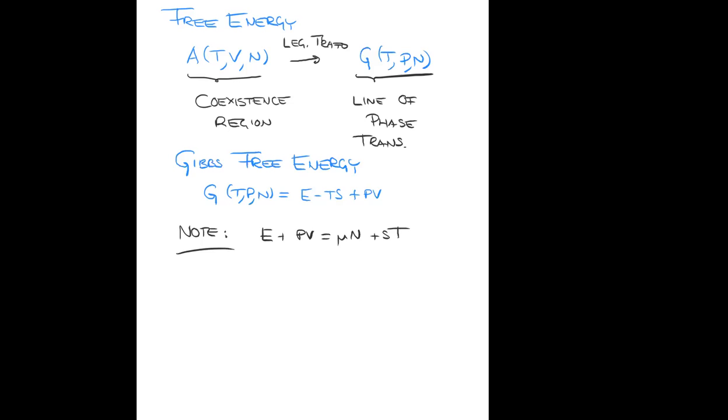So this implies that Gibbs free energy G of T, P, N is actually just equal to mu times N, because E plus PV is mu N plus ST. If I subtract the ST, then all that remains is mu N.